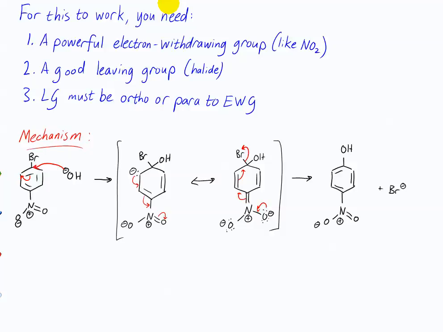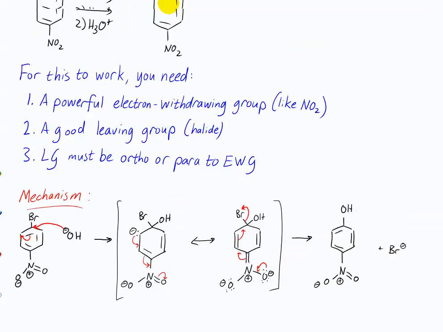Like you see here. OH is not a particularly good leaving group, so that's going to stay on. Bromide is a decent leaving group, that's going to leave. This reaction doesn't work so well with things like bromide versus chloride, where they're both pretty decent leaving groups, and so you might lose either one. It works best when you have a pretty good difference there. All right.